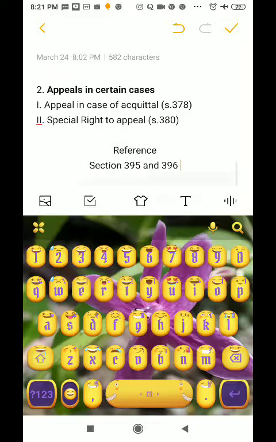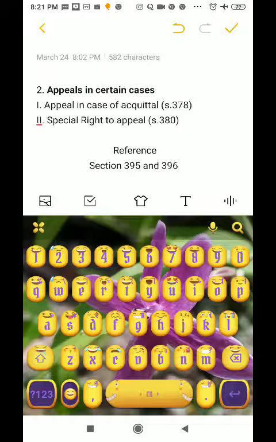Suppose there is a case and the validity of a certain section of an act is in question, then they can refer it before the higher court, that is the High Court, to get the answer whether that provision is valid or invalid.